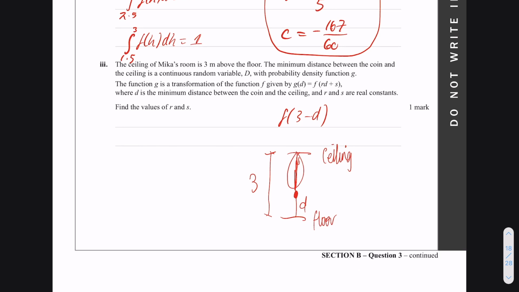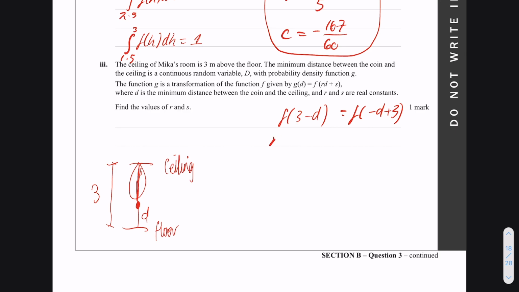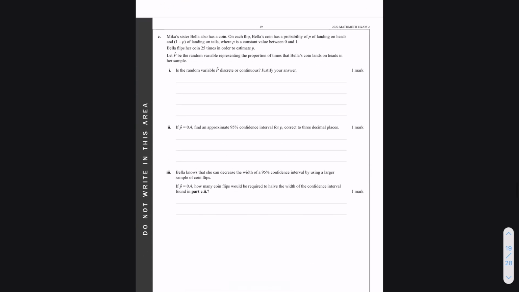And so I guess, well, that's the same as negative d plus 3. And I guess that gives us the answer. So r is negative 1. S is, oops, not negative 3, negative 1. And S is 3. Okay.